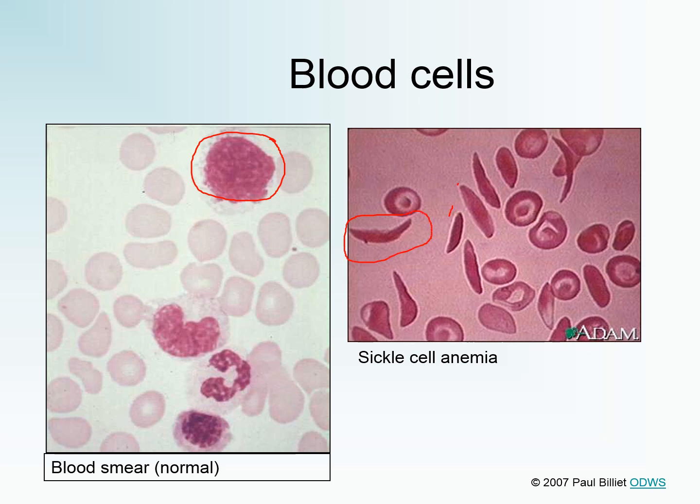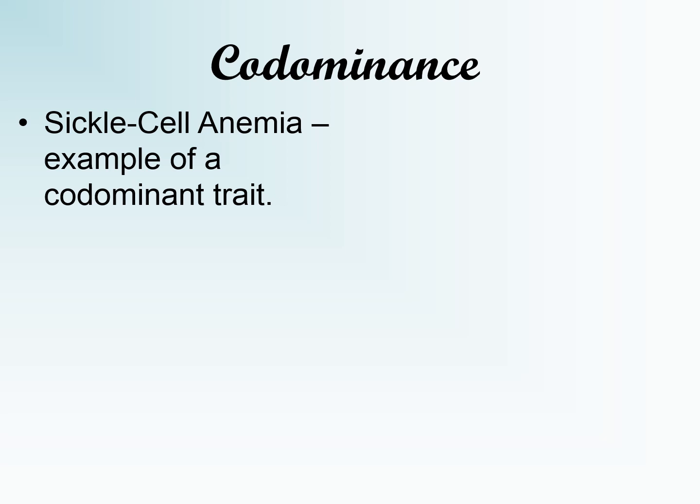These are sickle-shaped blood cells. So it's an example of a codominant trait. And here, the big N represents the gene for red blood cells. And the superscript allele up here, the big A, represents somebody who has normal red blood cells that have that nice circular shape.